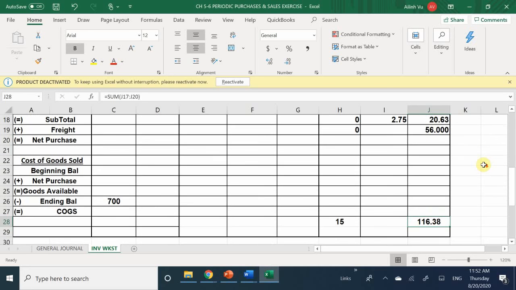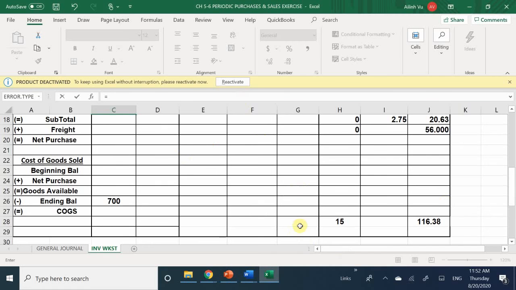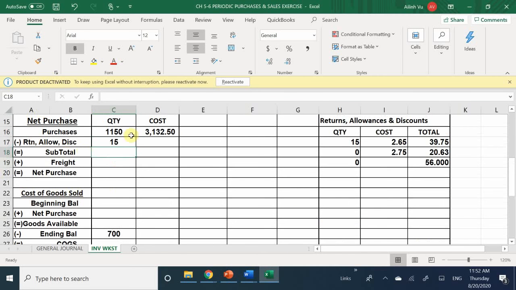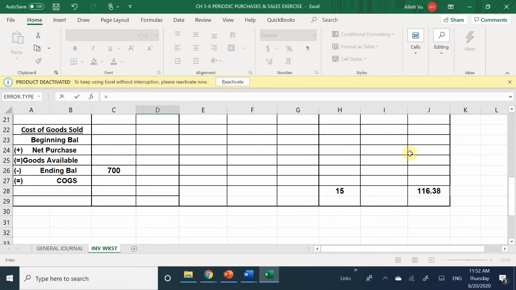What is my total here? 116.38. So I'm going to take this number and transfer it over here. So here we returned a total of 15 items, and that total amount was 116.38.